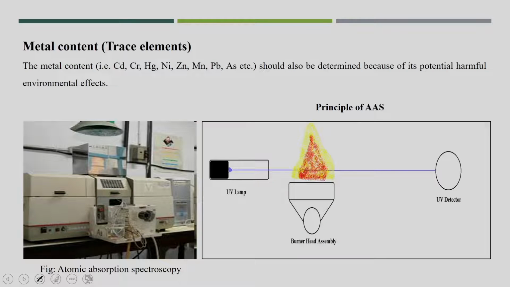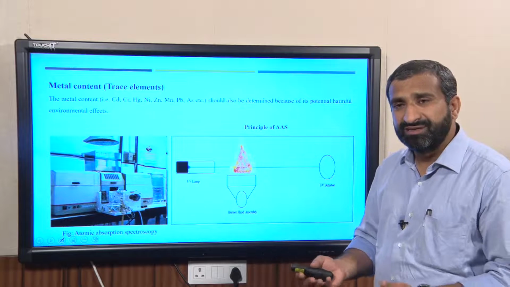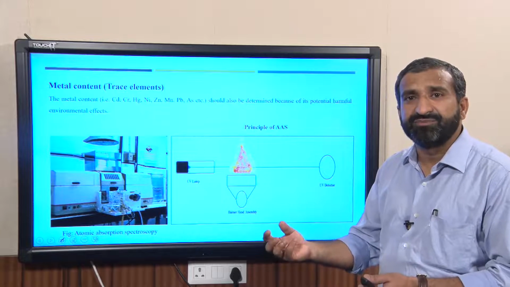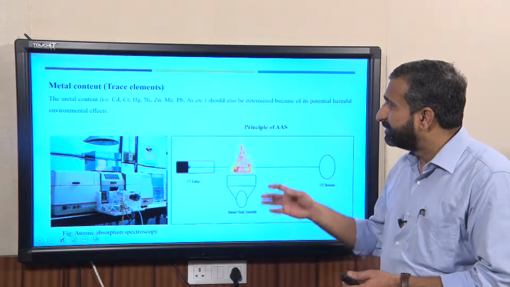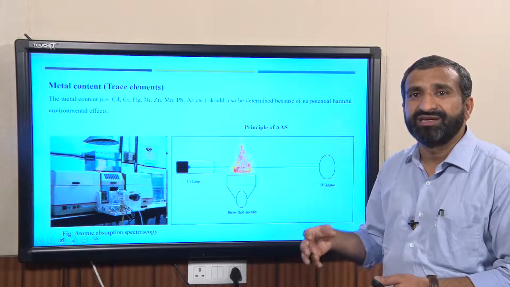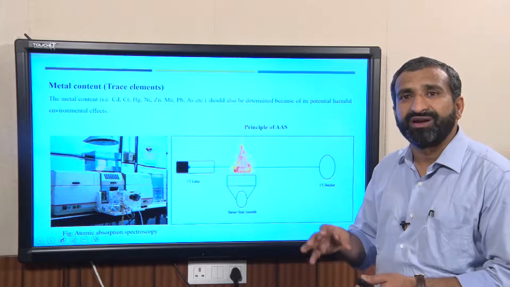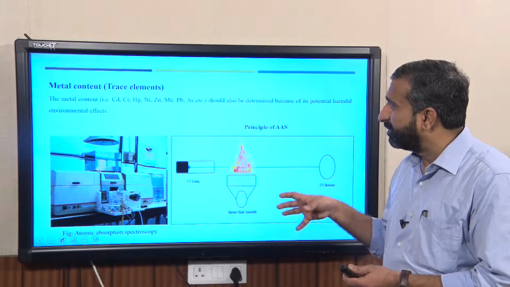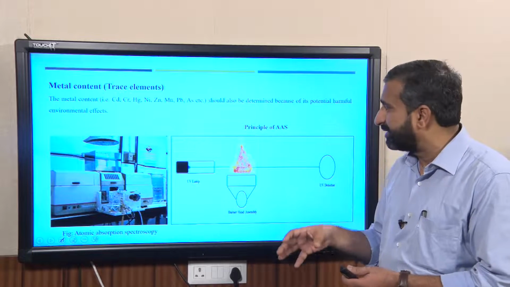Now, another parameter is the metal content, which is also very important to analyze once the waste goes to the disposal site. Once leachate is produced in the disposal site, these metals get added into the leachate and pollute the groundwater. So for that it is very important to know the metal analysis.